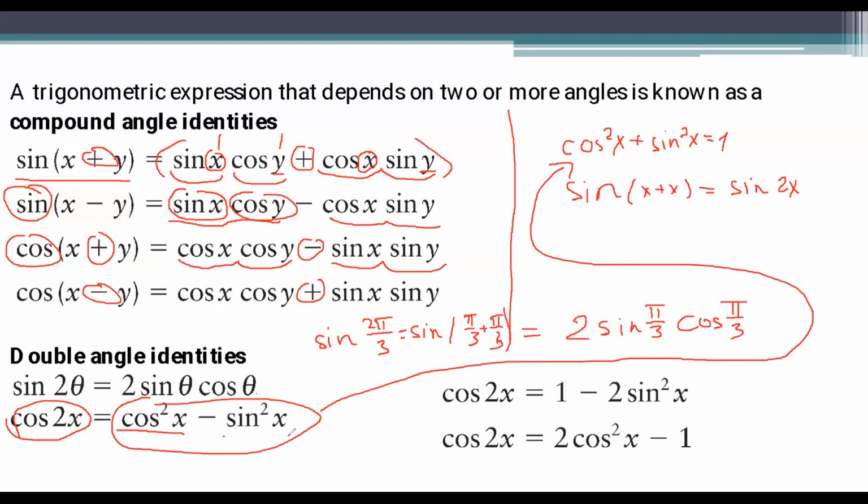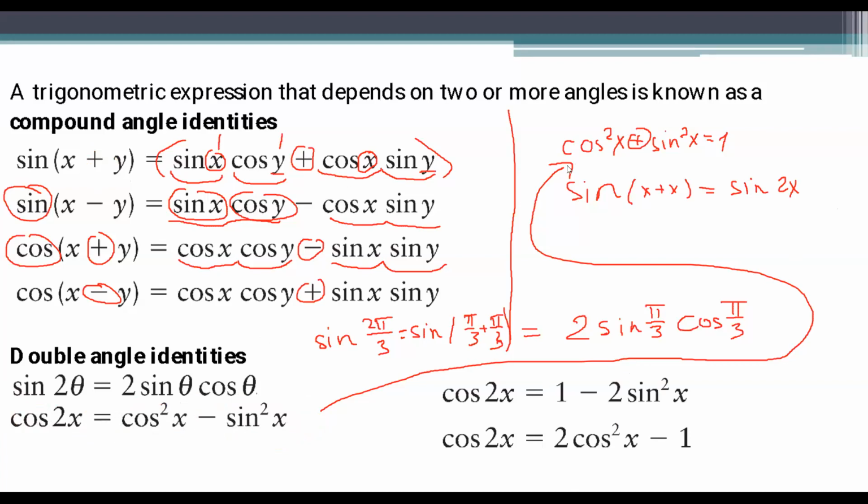In this case, order is important. Cosine comes first and sine comes second, because we subtract. When we add, like here, order doesn't matter. Are there any questions?